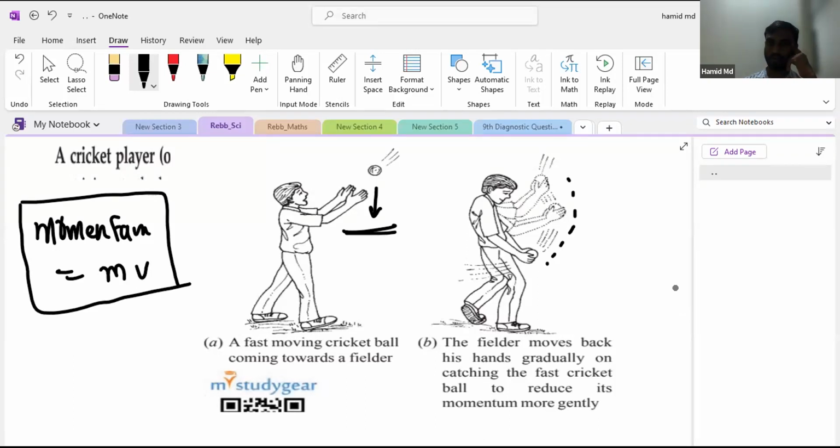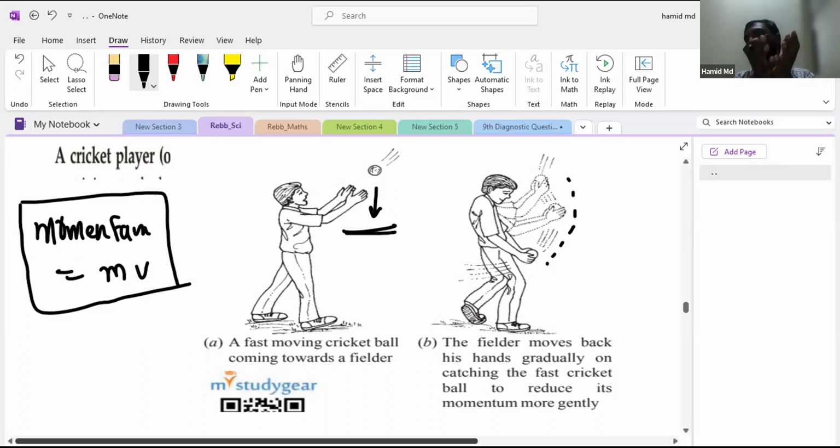Actually, if he keeps his hand like that only, like the first figure, the ball will hit his hand, or that may injure his hand, or it may just bounce back.